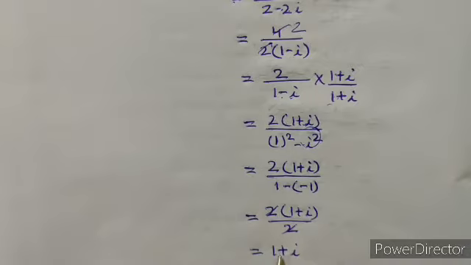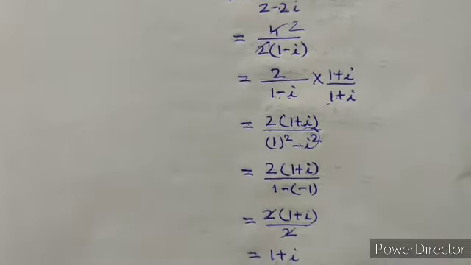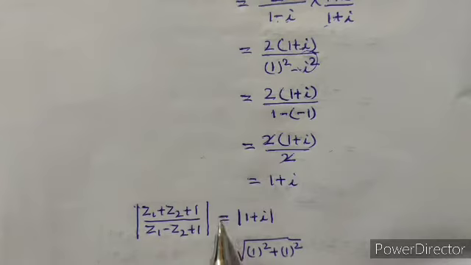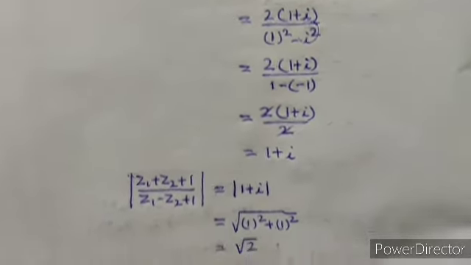So the value of (Z1 + Z2 + 1) upon (Z1 - Z2 + 1) is 1 + i, and so its modulus will be equal to modulus of 1 + i, and that is equal to root of (1 square + 1 square), and that will be root 2.